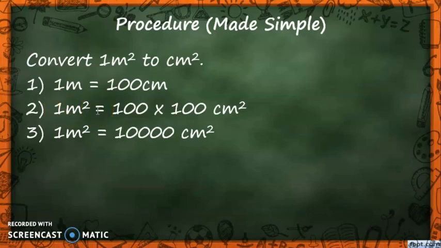Knowing that we're dealing with squares, we have to multiply the 100 twice. So we multiply 100 by itself twice, giving us the answer: 1 meter square equals 10,000 centimeters square. Very simple. Alright?